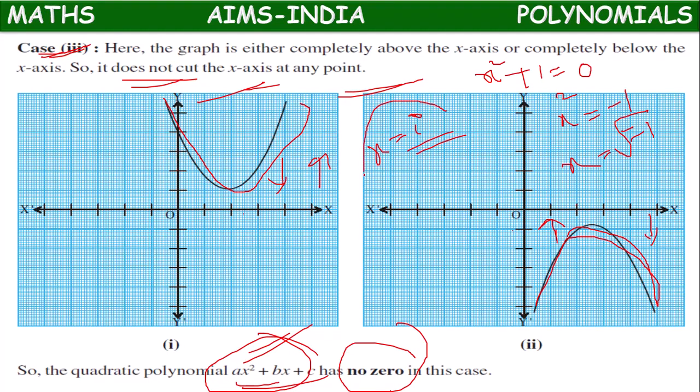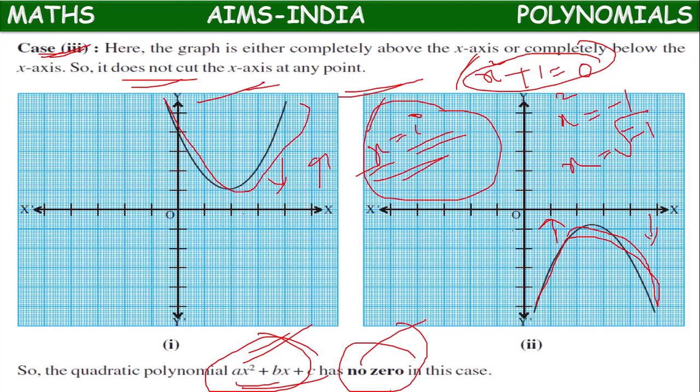So there is no real number belonging to x in this case. x does not have any real zero. For this kind of equation, there will be no zero.